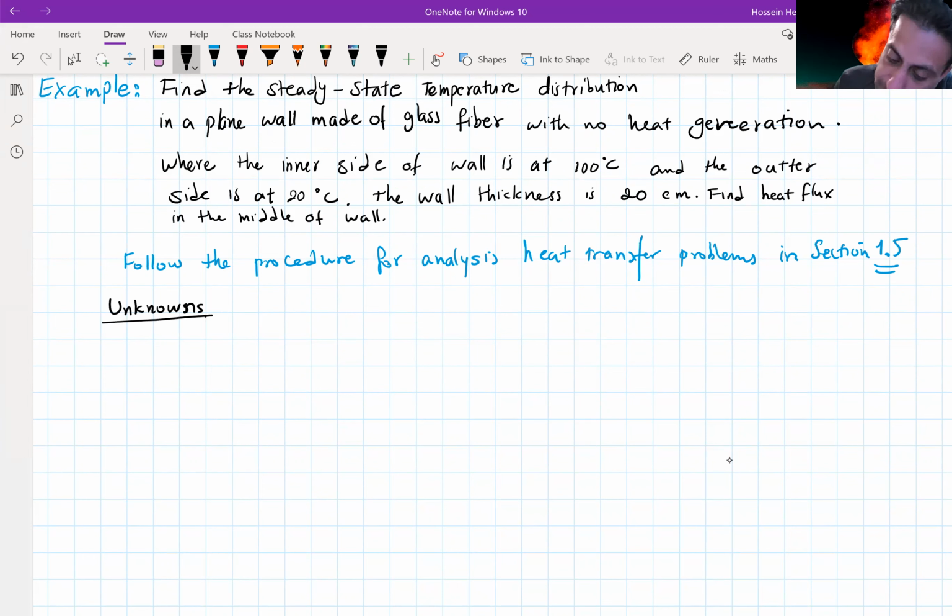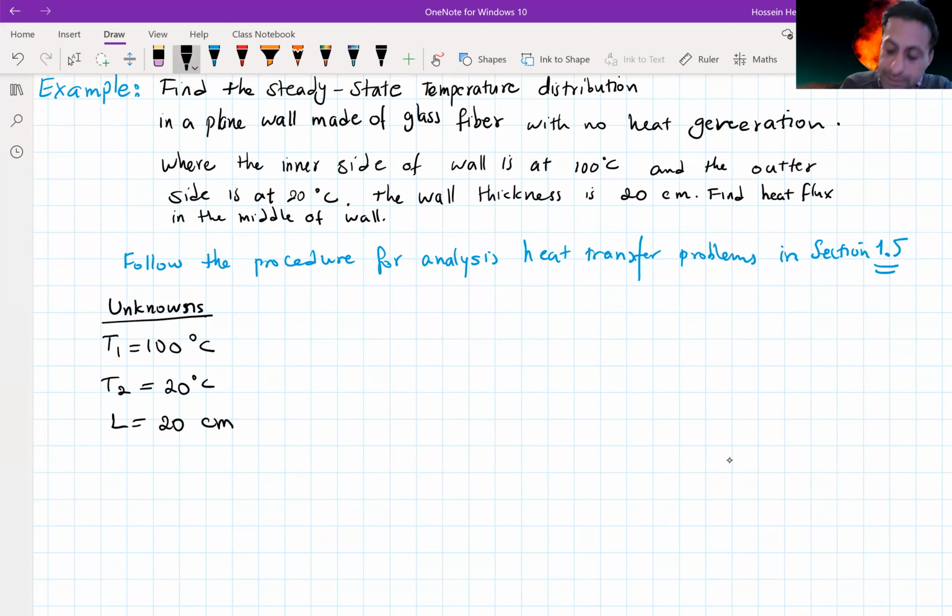We know the temperature at the inner side is given: T1 is 100 degrees C. The temperature at the outer side of the wall is 20 degrees C. And the wall thickness L is 20 centimeters.